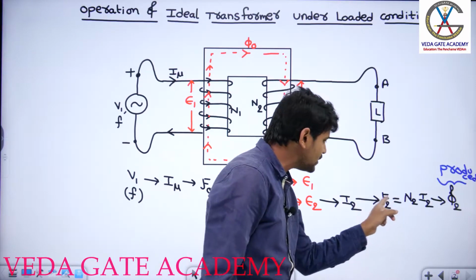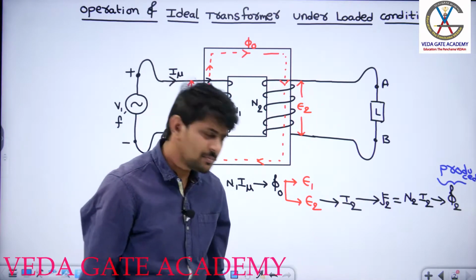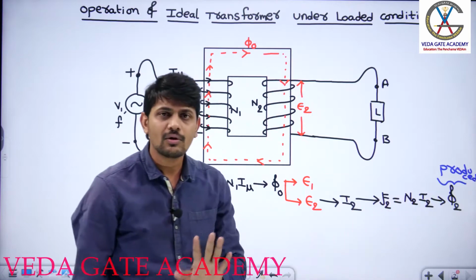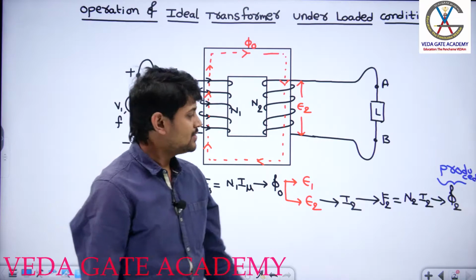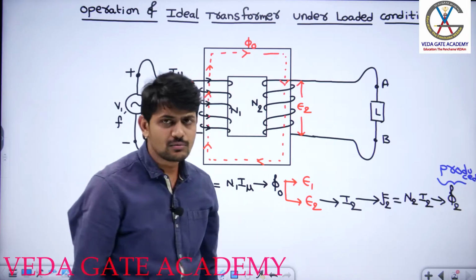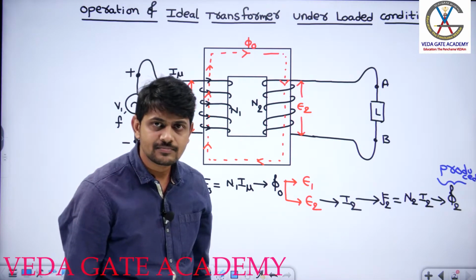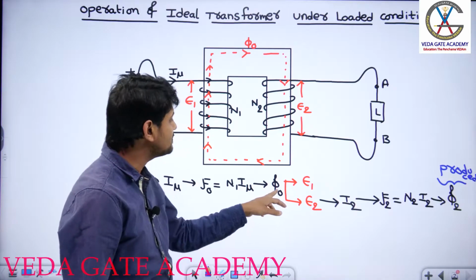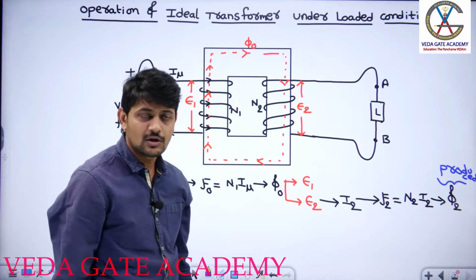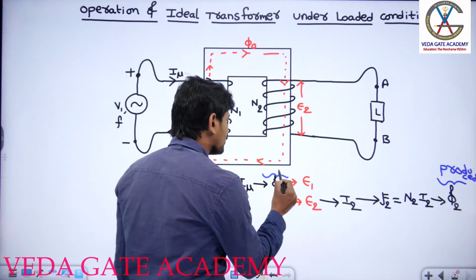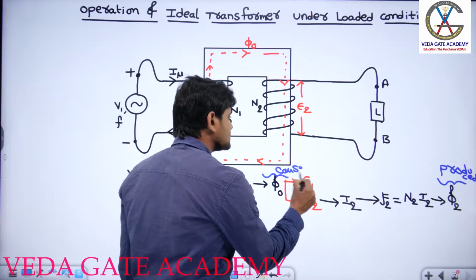Now this F2 is produced because of current I2. Can I say phi2 will oppose I2? No. And this I2 is produced because of E2. Can I say phi2 will oppose E2? No, because they are of different dimensions. Now this E2 is produced because of the flux phi naught which is linking with these N2 turns. So the major cause for the production of phi2 is phi naught.